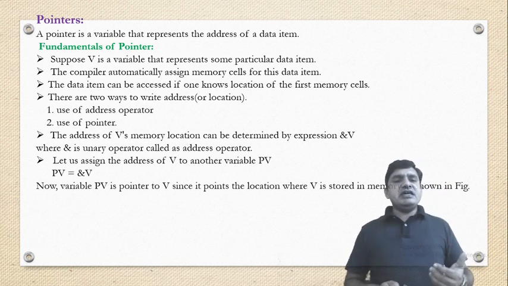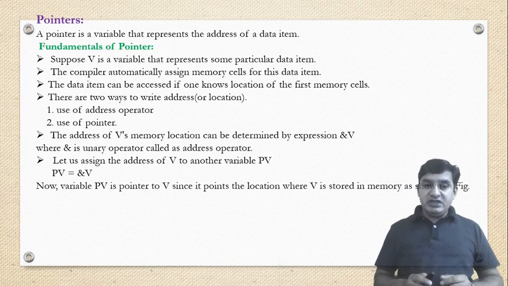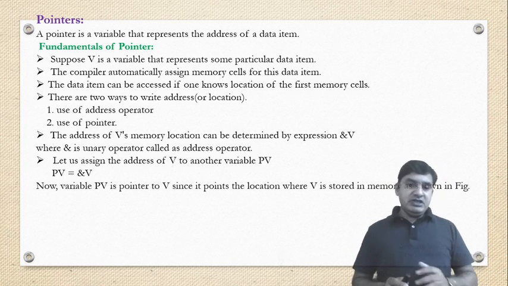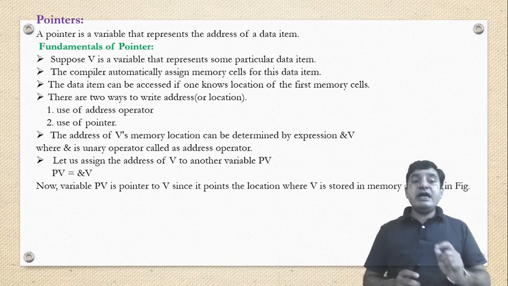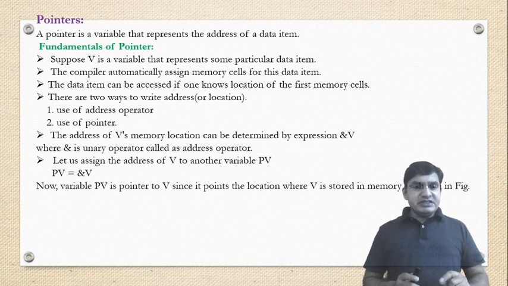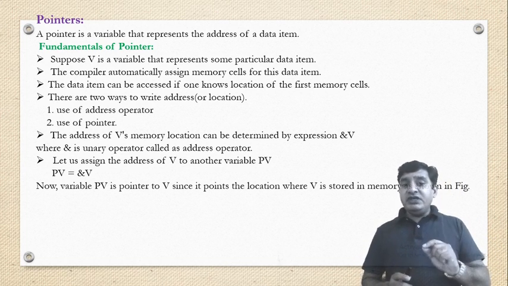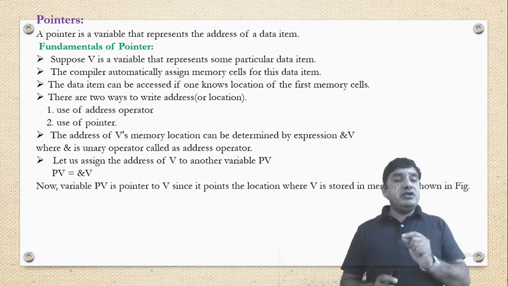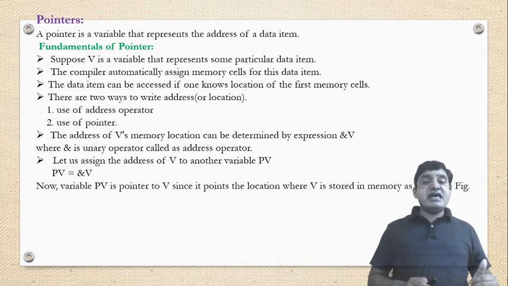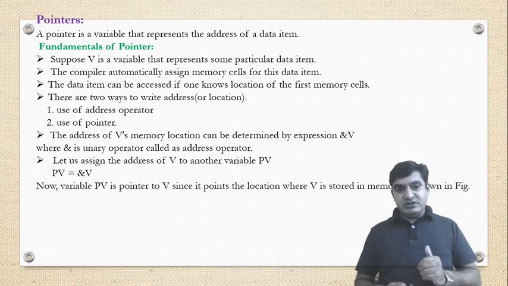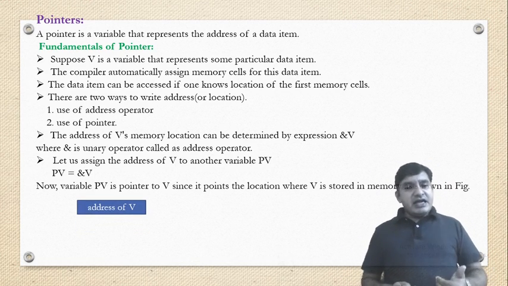Let us assign the address of V to another variable PV. So PV = &V. It represents the address of variable V, which is assigned to PV.